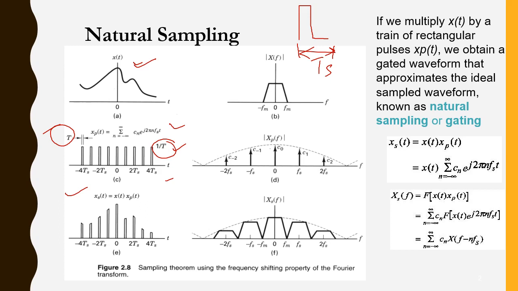If you can see, the top of all these pulses in xs of t is the same as the analog signal x of t, which means it follows the amplitude of that analog signal x of t. So each pulse obtains a new amplitude value with respect to its original signal x of t.